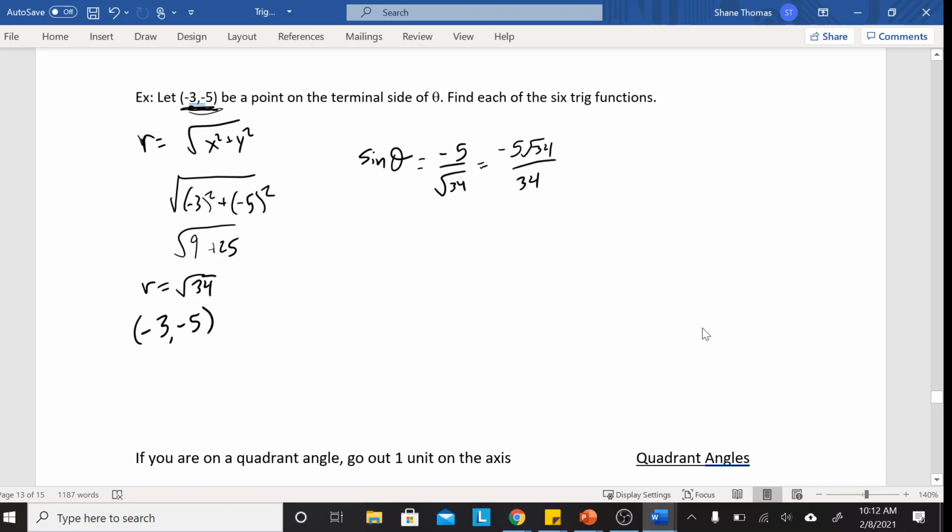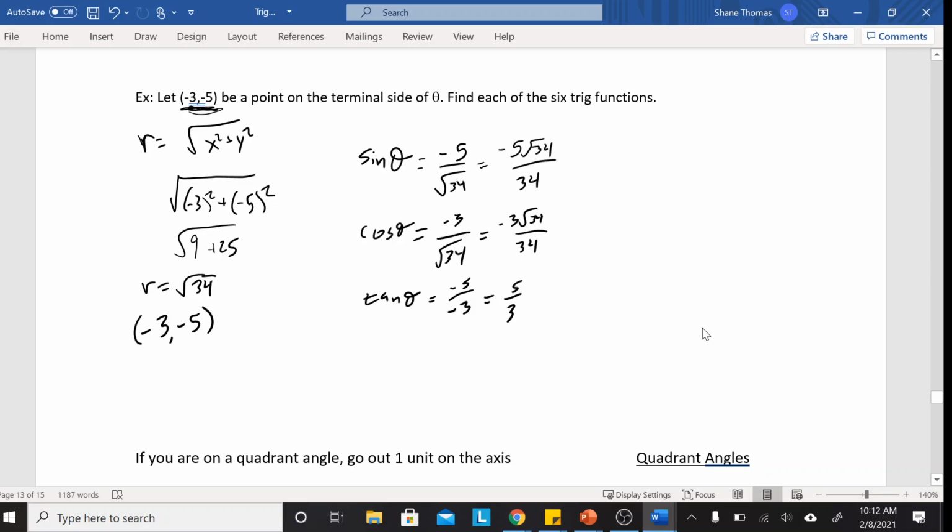Cosine, what we just saw, is going to be our x over our r value. X value, -3, r value, square root of 34. Simplify it again, -3 root 34 over 34. My tangent now, tangent is y over x. So -5 over -3, which is going to be 5/3.